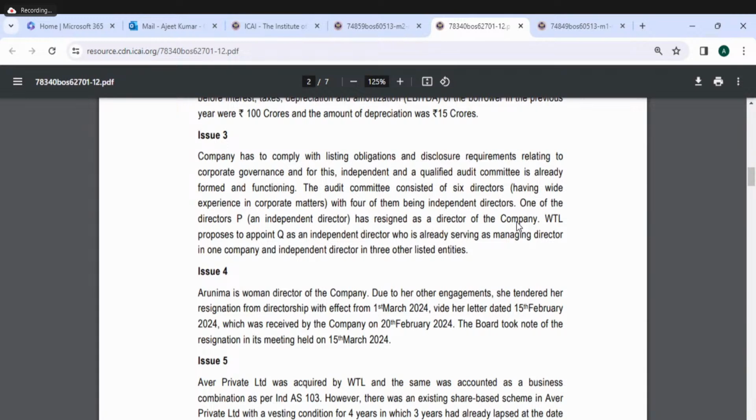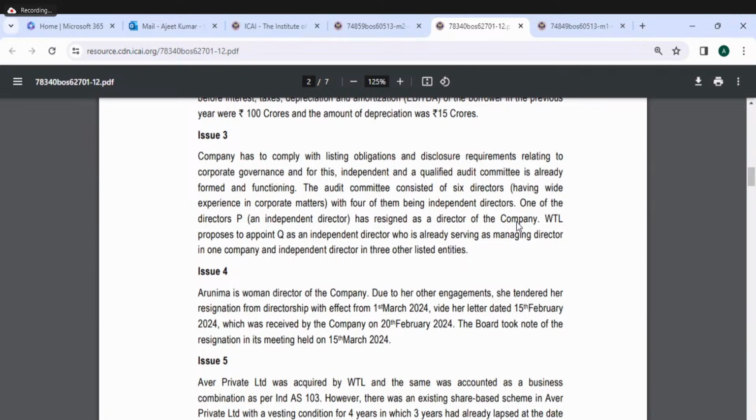So now the audit committee will not be having the requisite number of independent directors. So if I do 5 into 2/3 and then I have to round it off, I am not having the requisite number. Okay. In that case, there is a need to appoint someone else as an independent director.